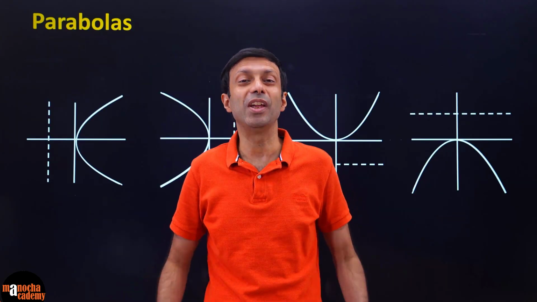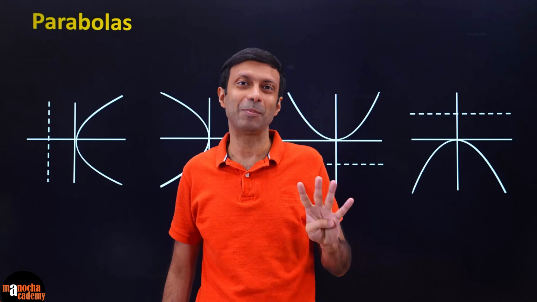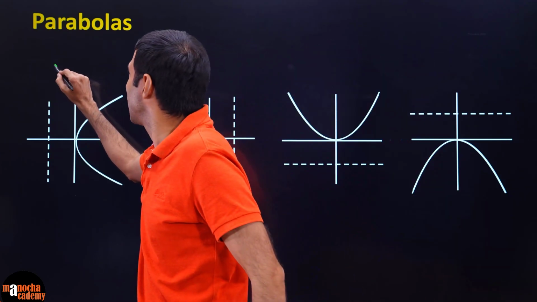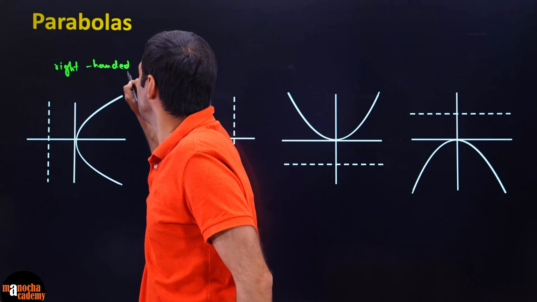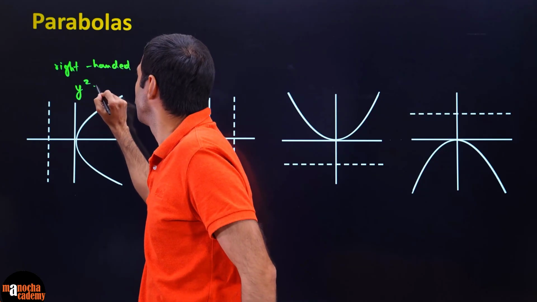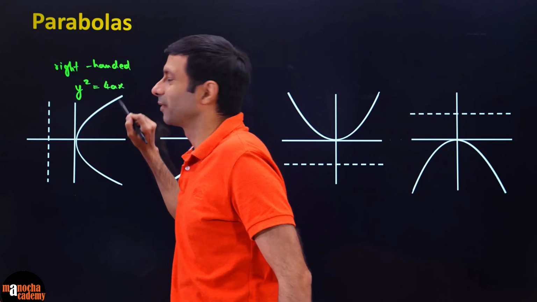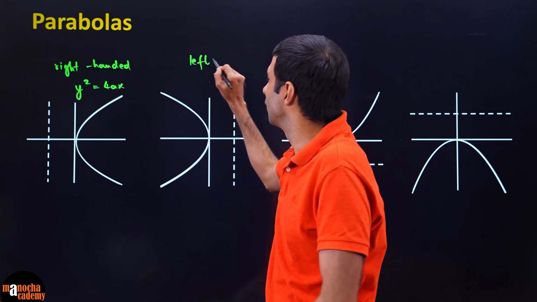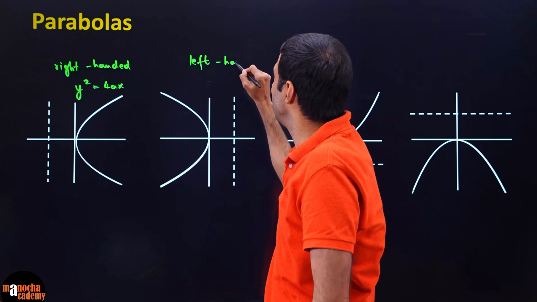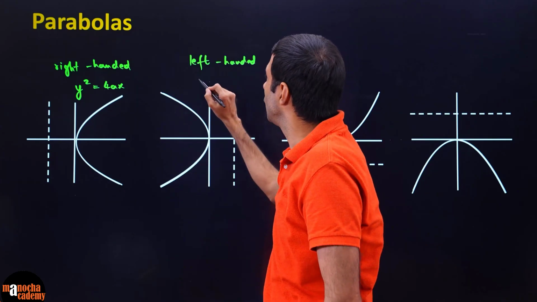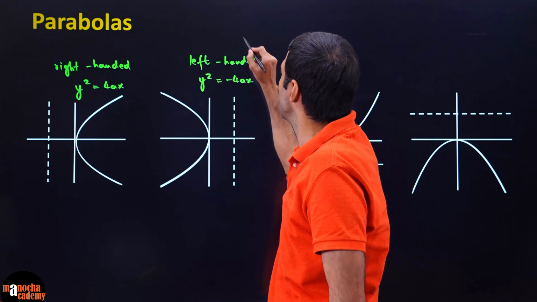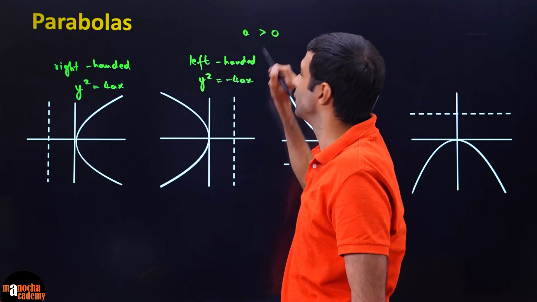So remember guys, we learnt about 4 different types of parabolas. This is your right-handed parabola with the equation y square equal to 4ax. That was the standard equation. This one is the left-handed parabola. It looks to the left side, with the equation y square equal to -4ax. And remember, a is always greater than 0.